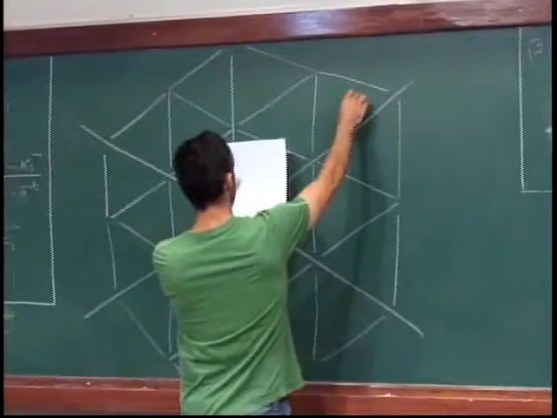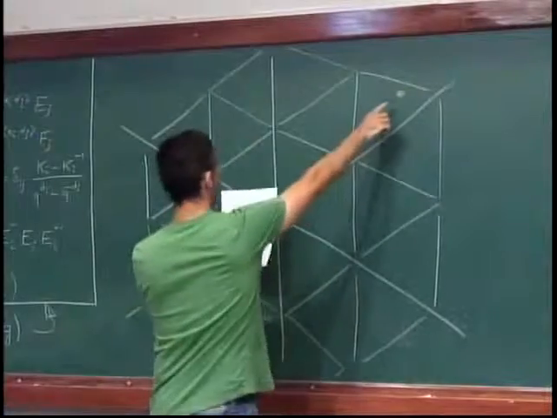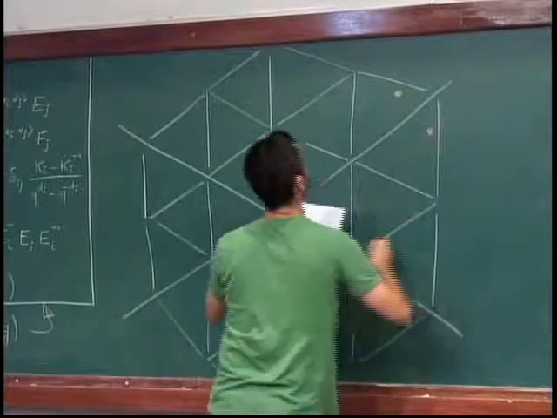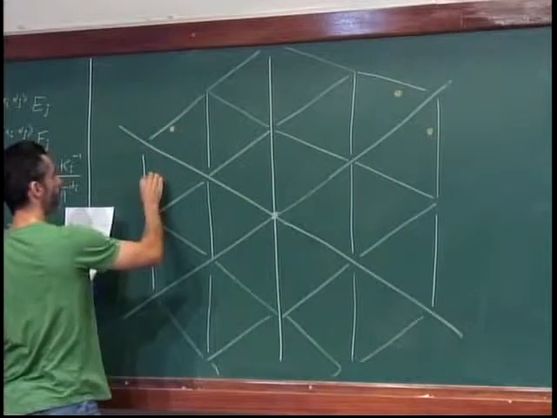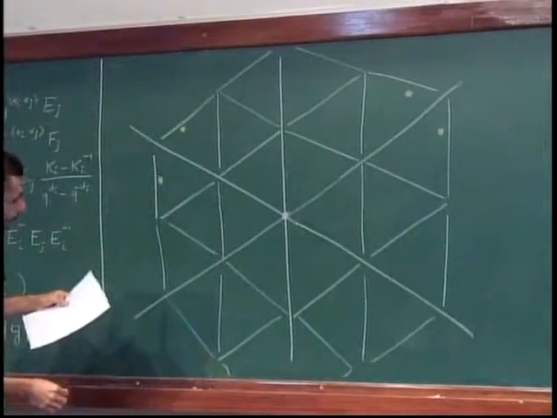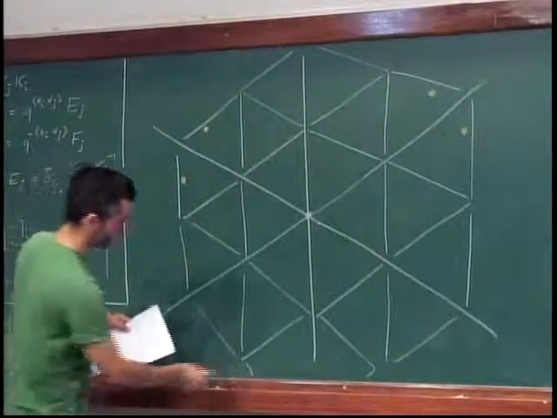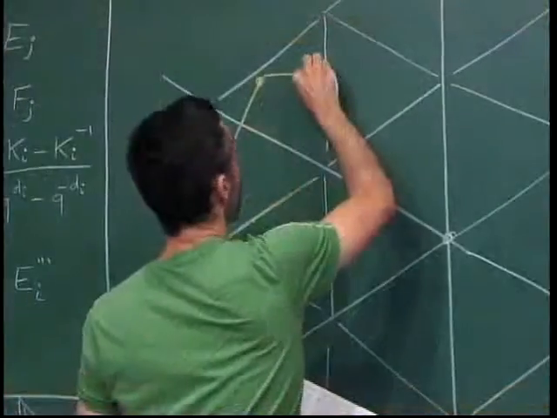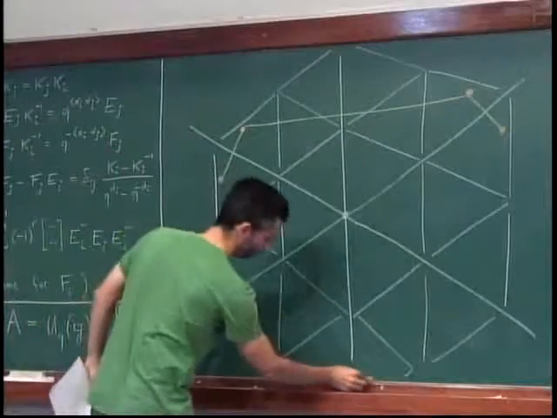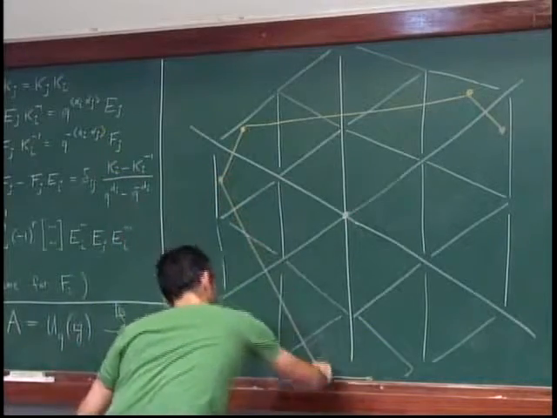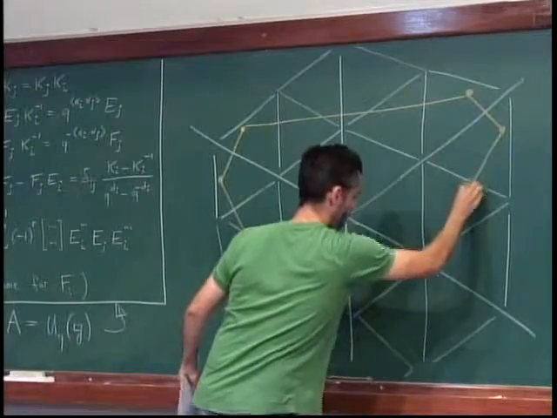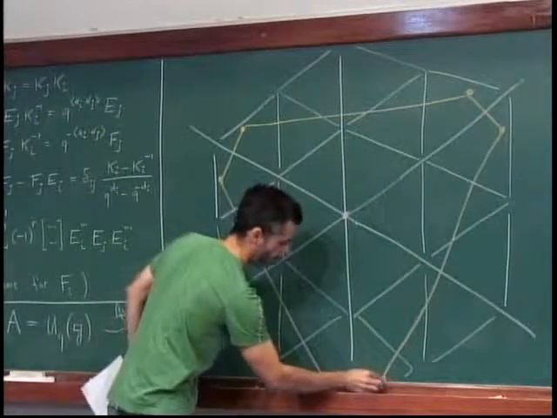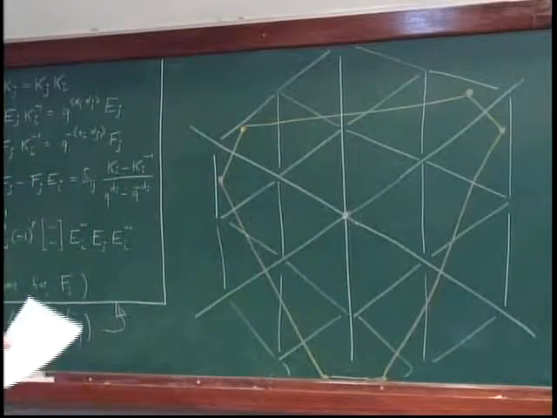So let's pick it here. So the weights of the Weyl module are going to be contained in the convex hull of these points.